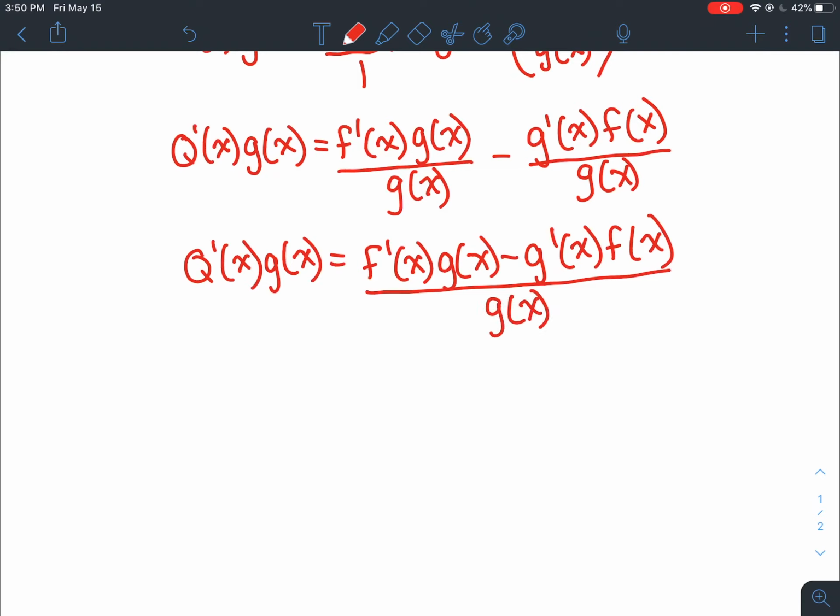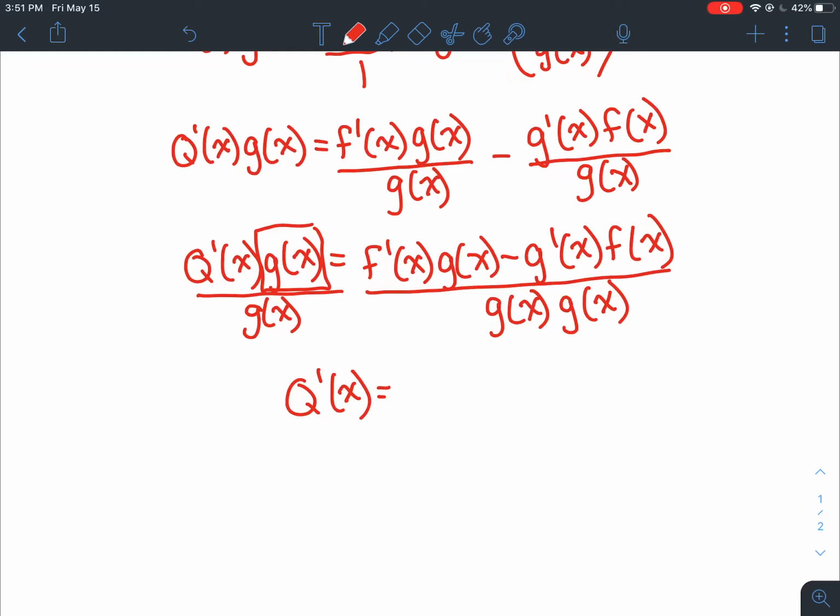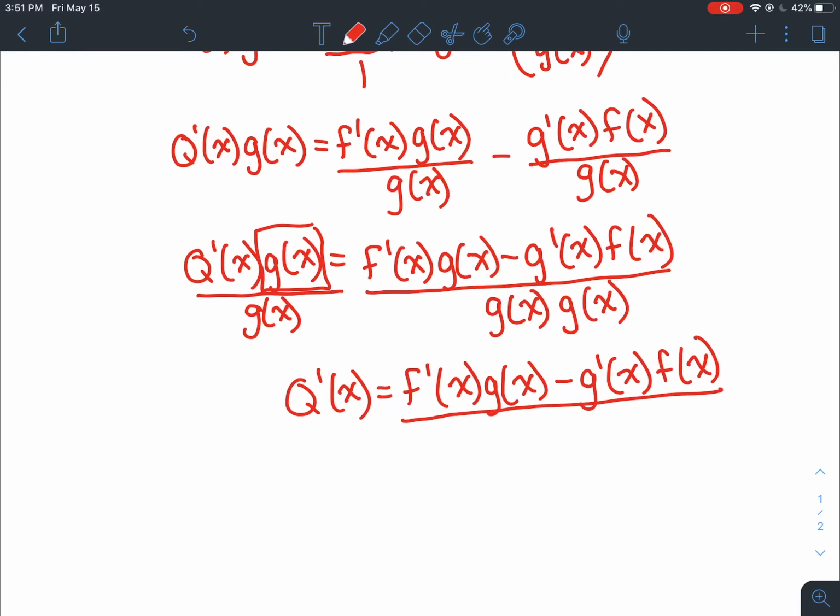Now the only thing I need to get rid of is this g of x, so I'm going to divide both sides by g of x. When I divide this side, it just adds another g of x to the denominator. So I've got q prime of x equals f prime of x times g of x minus g prime of x times f of x, all over g of x squared, since I have two g of x's. It looks like the product rule divided by g of x squared.